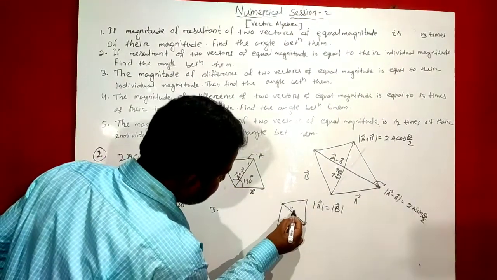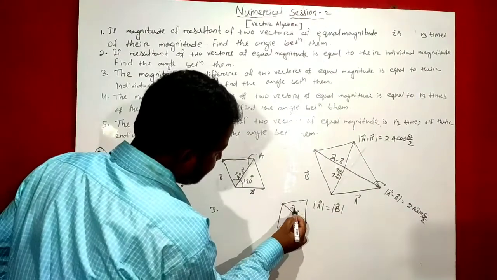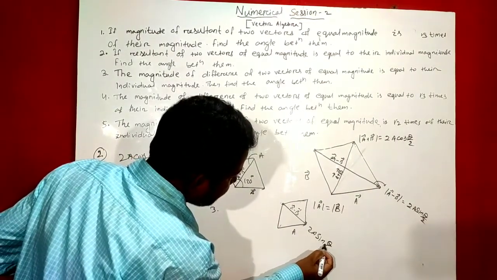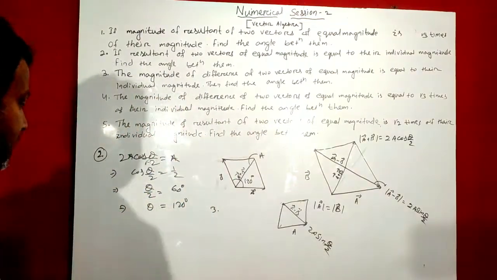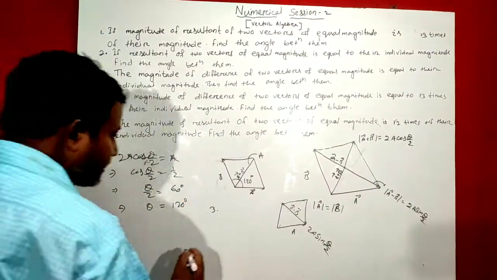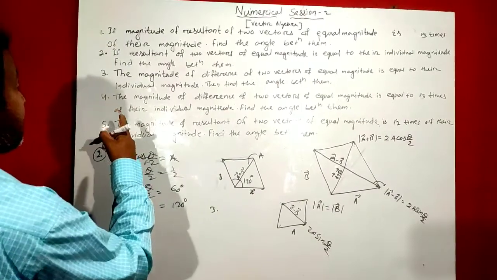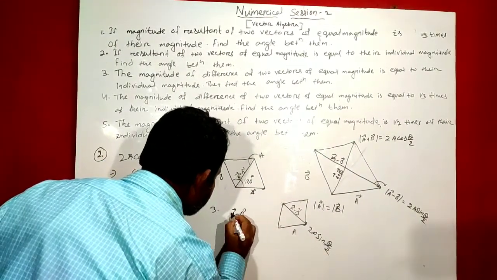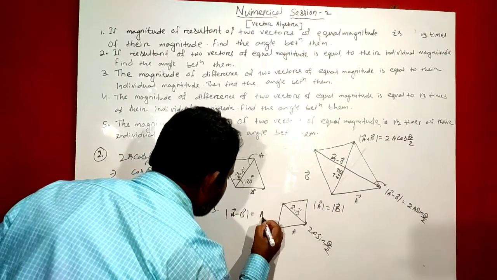This vector is the A difference B. The A difference B is 2A sin theta by 2. This is A difference B. The magnitude of A difference B is equal to A.